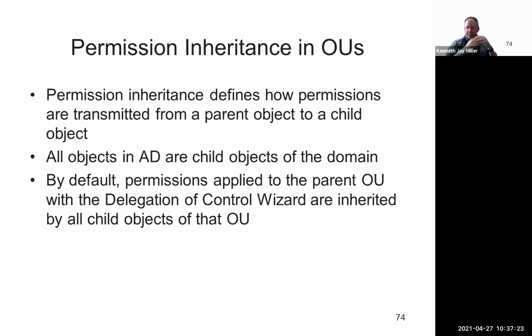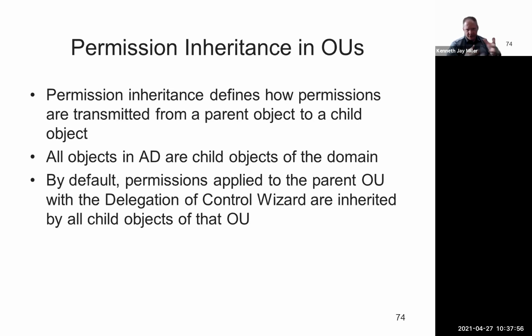So inheritance is how permissions from above come down and are inherited by the object underneath. It's automatically transmitted, just like you didn't have any choice in picking out the DNA from your parents, unless you were kind of a test tube baby, where they said, I want this kid to have brown hair and brown eyes.